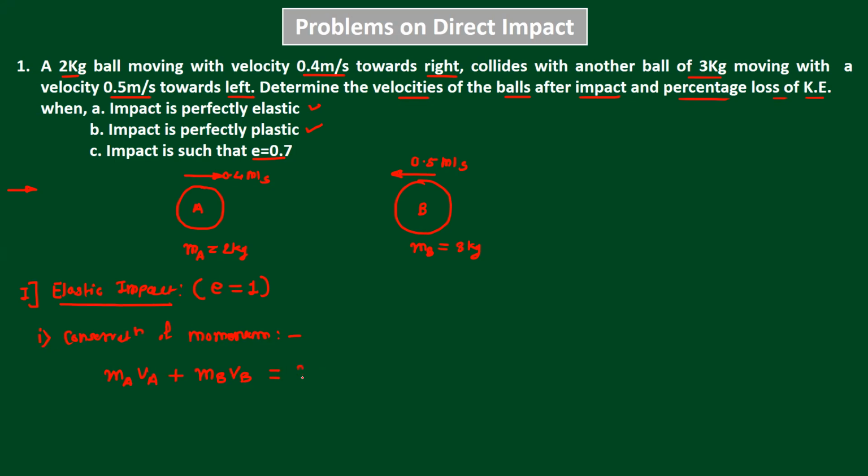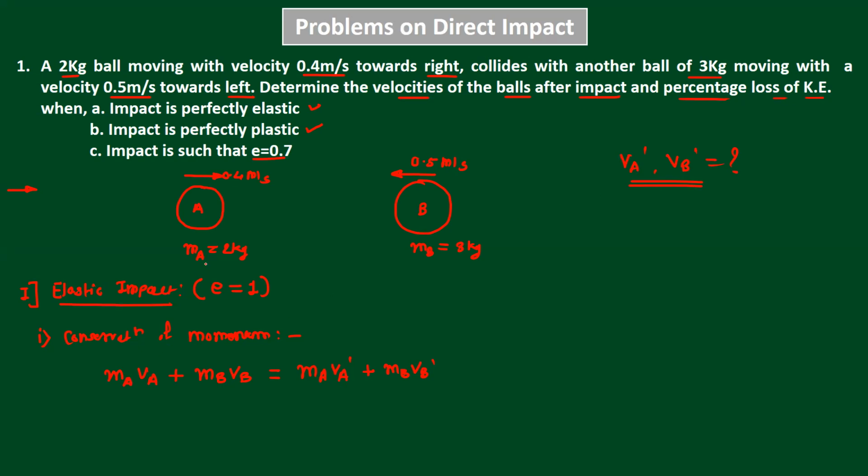This is equal to MA VA dash plus MB VB dash, the momentum after collision. Here VA dash and VB dash are the velocities after the impact. We have to determine these two values.